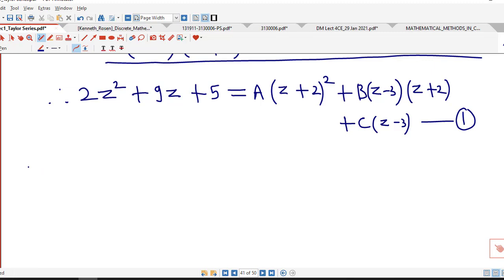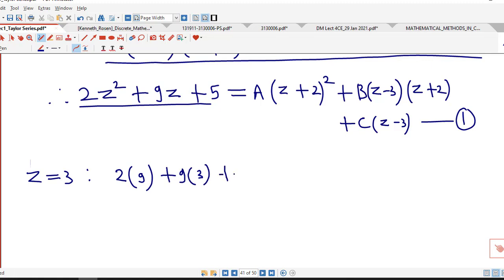Now first we put z equal to 3. So we can directly write down, when z equal to 3, we have 2 into 3 square, 9, 9 into 3 plus 5, and for z equal to 3 these two terms become 0, and this is going to be 3 plus 2, that is 5 square, that is 25.